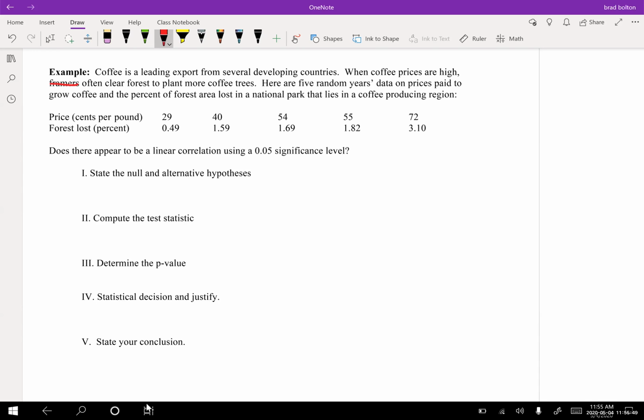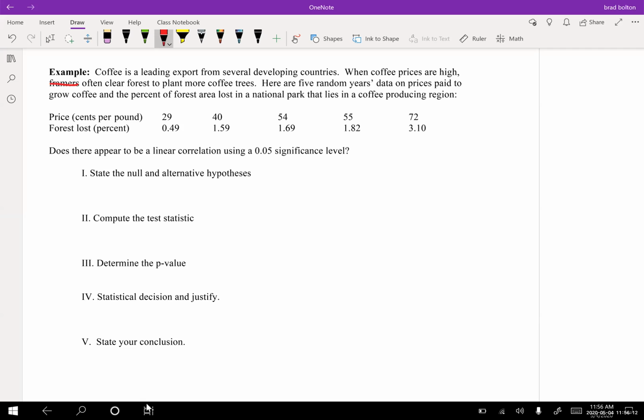Here are 5 random years of data on prices paid to grow coffee and the percent of forest loss in a national park that lies in a coffee producing region. So basically, as the price of coffee goes up, people clear more land because they want to grow more coffee, and they want to see if this is a linear correlation. Again, that's specific. What we're looking for is a linear correlation.